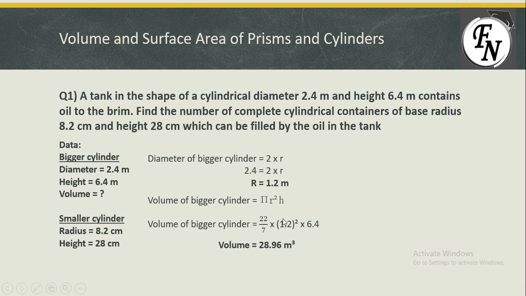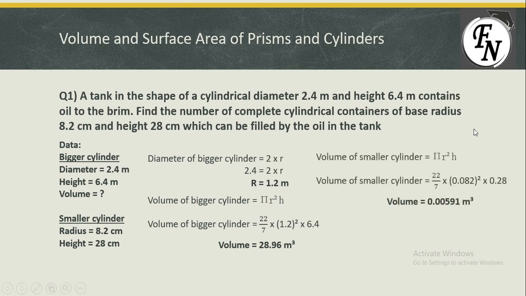So now we need to find the volume of the smaller cylinder, so we will use the formula that volume of smaller cylinder is equal to pi r squared h, and in this case the radius and the height we need to put in meters. Here it is in centimeters, this 8.2 centimeters, and height is 28 centimeters.